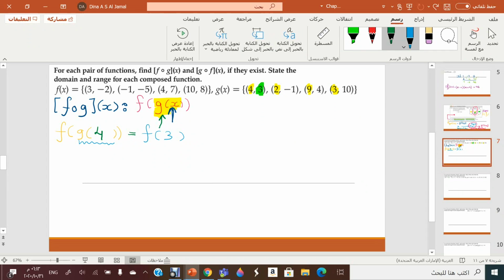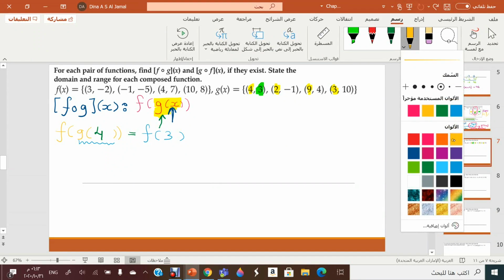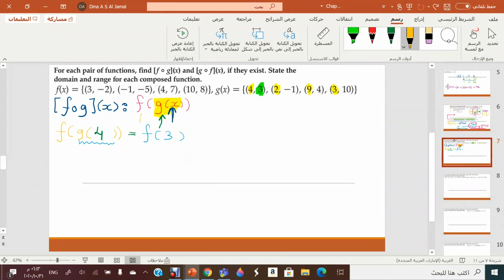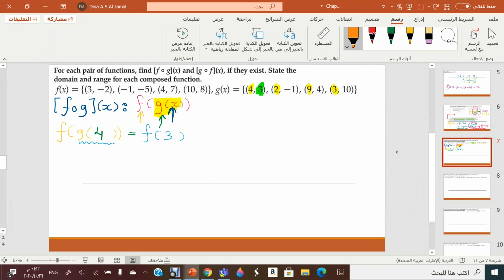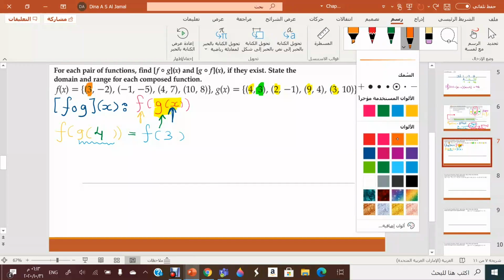Now I'm done with the green arrow. Now let's go to another, orange arrow, which is f of all of these. Now let's go to the f and see what is the value that will be giving you a 3 here. So go to the 3 and I want f of this 3. So you will have -2.